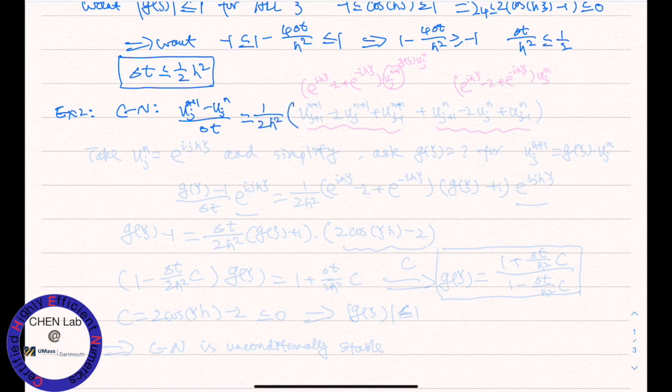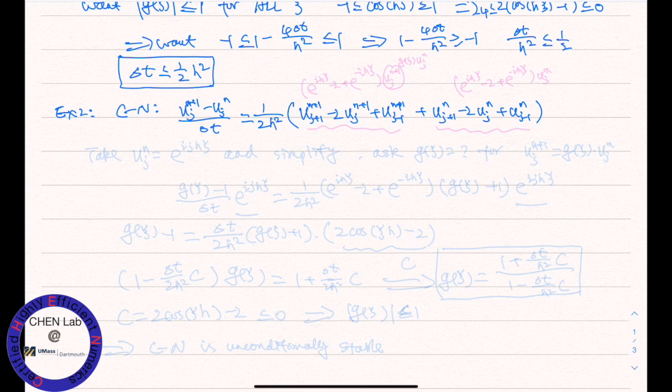We're going to get u_{j+1}^{n+1} minus 2 u_j^{n+1} plus u_{j-1}^{n+1}, and this same term at time level n, which is u_{j+1}^n minus 2 u_j^n plus u_{j-1}^n.